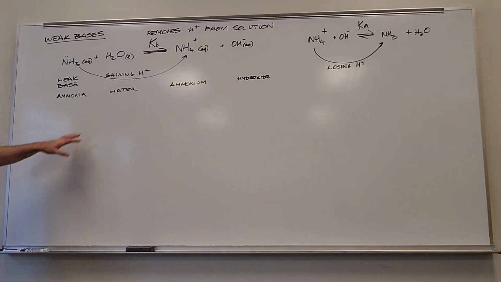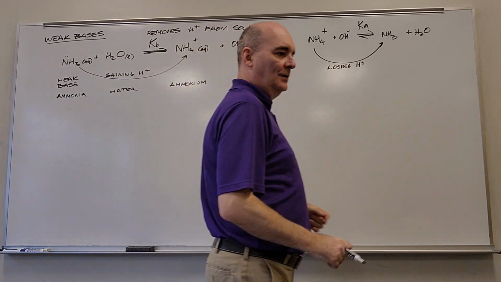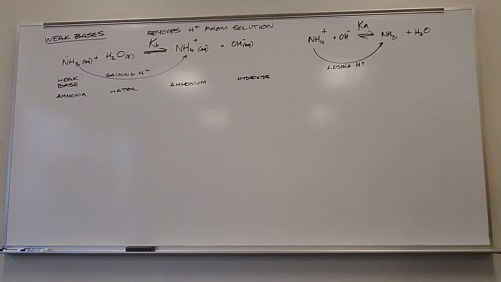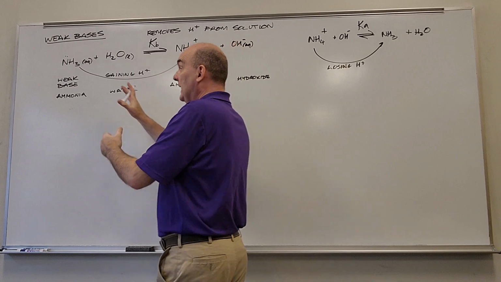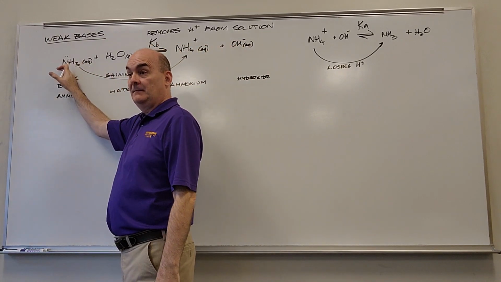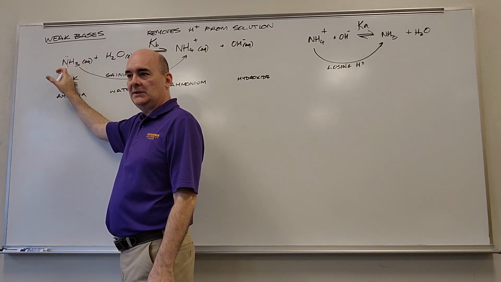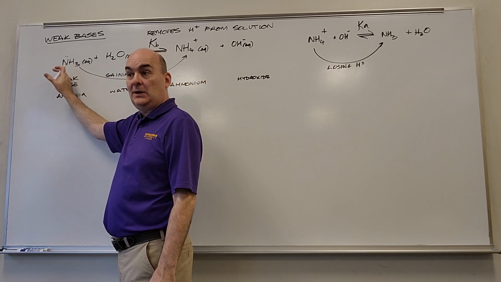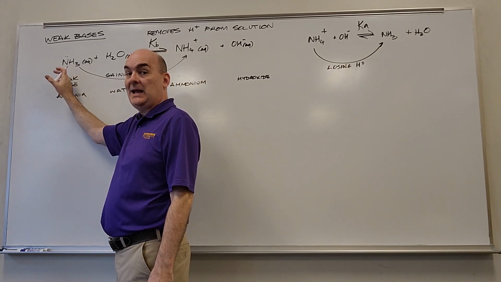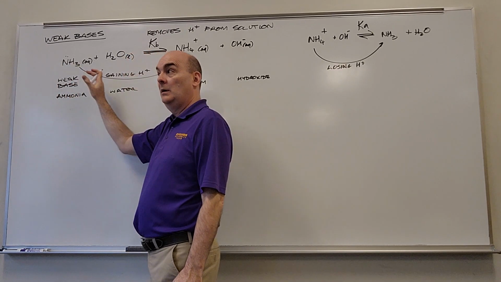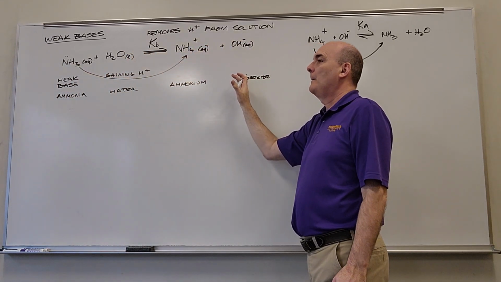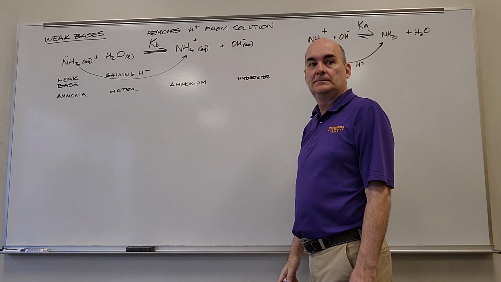So when I want to find the value of K for this particular reaction, I have to have a little bit of chemical knowledge, because when I go looking in the table, I cannot find this, because everything in my table is written as an acid dissociation constant. So I have to know to think backwards.